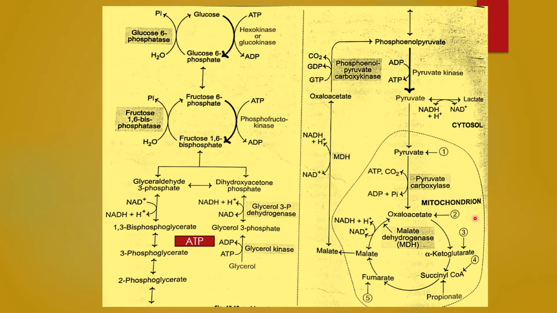And then we'll see the various glucogenic amino acids, how they are involved in the synthesis of glucose. Then we'll see how glycerol is involved in gluconeogenesis. Glycerol is produced as a byproduct in various adipose tissues. So one by one we'll discuss.